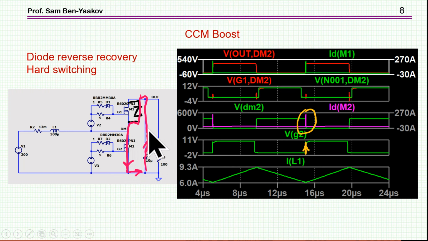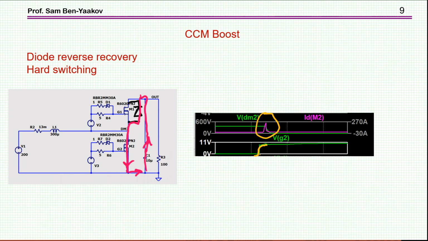One, we have the reverse recovery of the diode, that is, current will flow the other way around, and then we'll have a spike. Here it is. I have a zoom here, and I can see the spike. In this case I have no inductances, so it goes pretty high, and in any event, in a real system, it's going to be a very harmful effect.